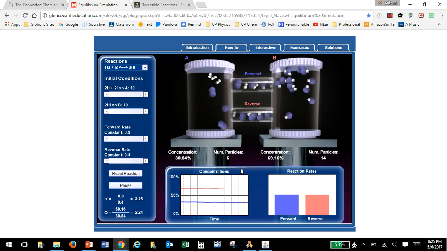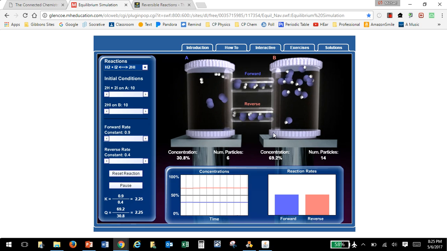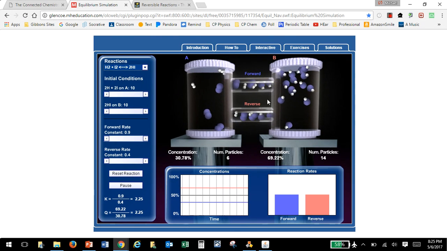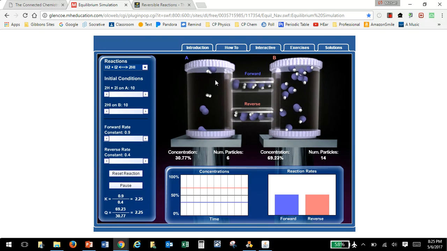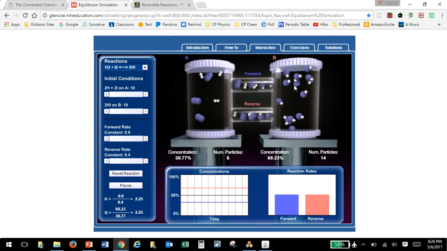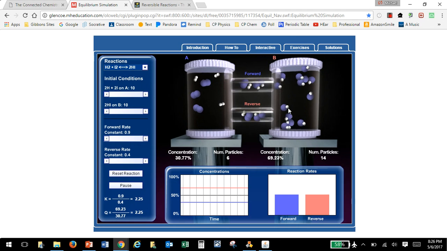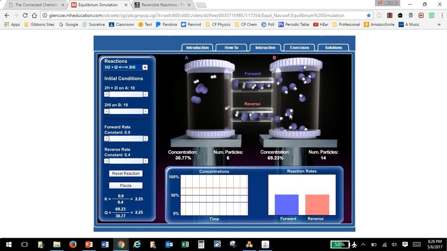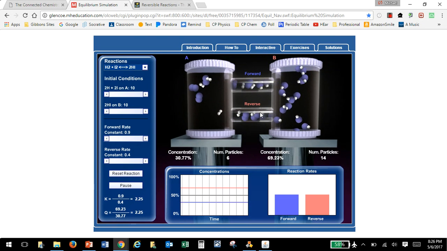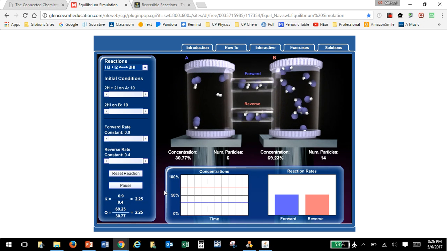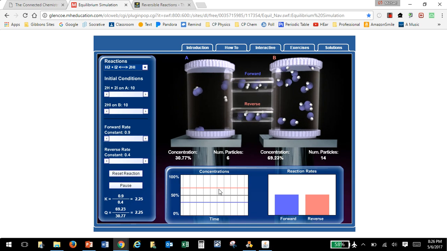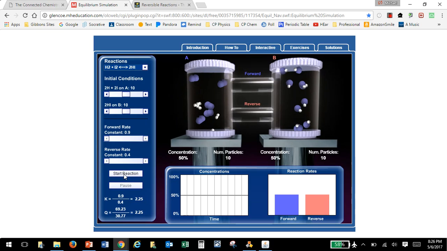And then we have a situation where the forward reaction, the reaction for I2 and H2 to run into each other and form HI, is happening at the same rate as the reaction of HI and another HI splitting apart to form H2 and I2. So the forward reaction and the reverse reaction are happening at the same rate, and the concentrations of the two will stay the same. So let me just reset that and show you again.